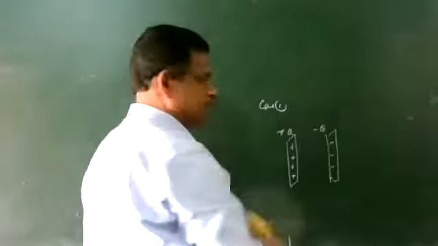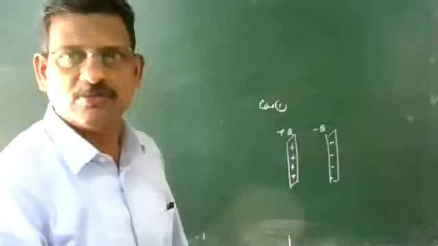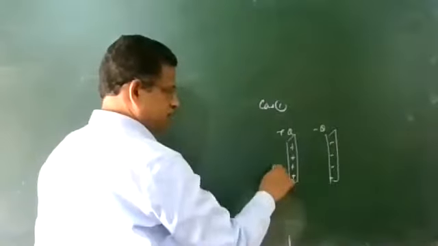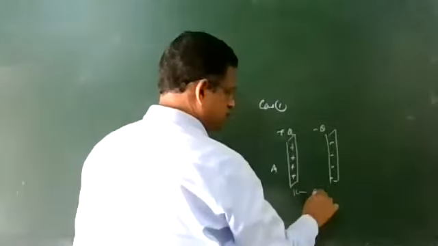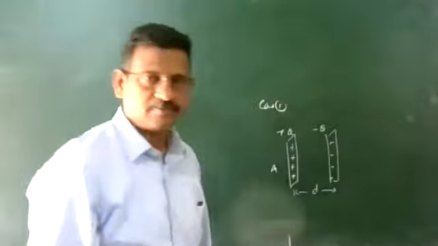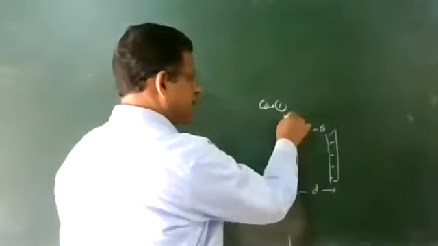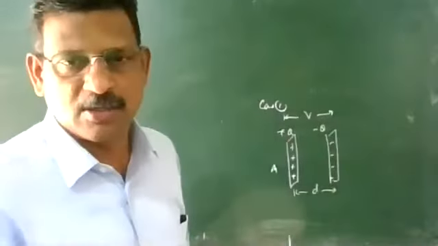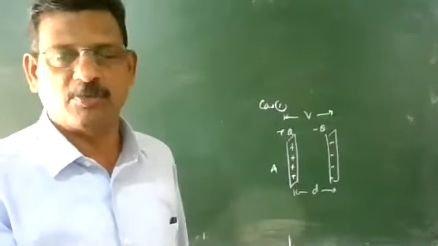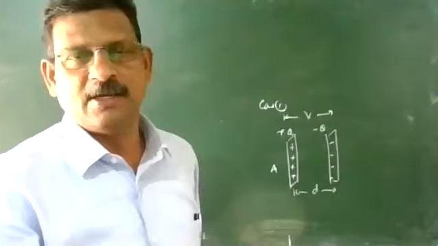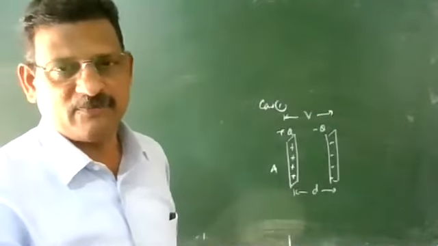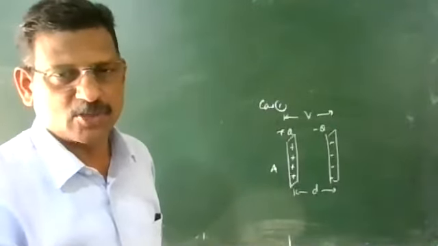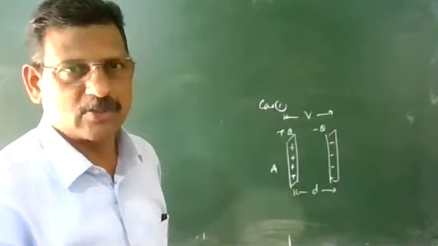So what is the arrangement of a parallel plate capacitor? It means two parallel plates of area A each and d the distance of separation. And you can mark V the potential difference between them. Plus Q is at higher potential, minus Q is at lower potential. Is there any electric field between the two plates? This was already derived.